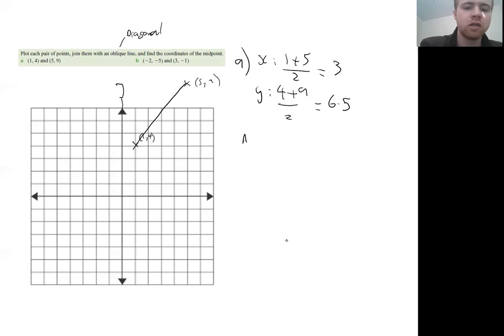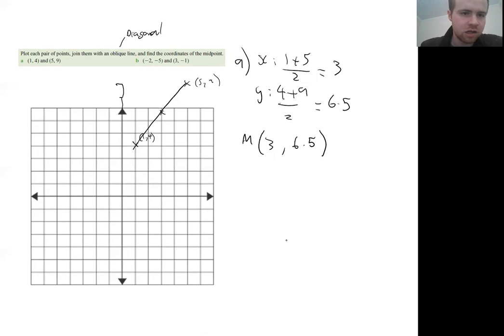Therefore, the midpoint is going to be 3 and 6.5. If we do that on our graph, go to 3, up here, and you can see our line's going through 6.5. That is the midpoint between those two other points.